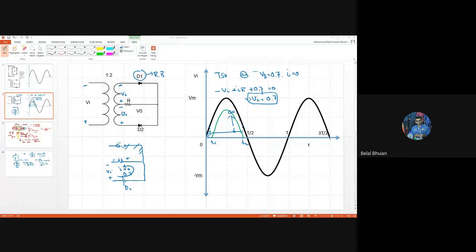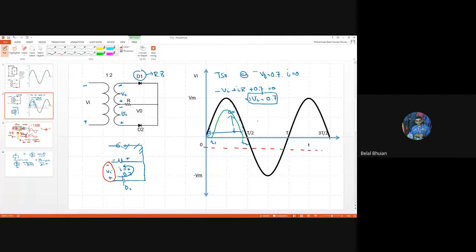The reason is, although Vi appears to be positive, we are going to draw it here. Why? Because at the very beginning, when we did the KVL, we already considered that our signal is in the negative half cycle.